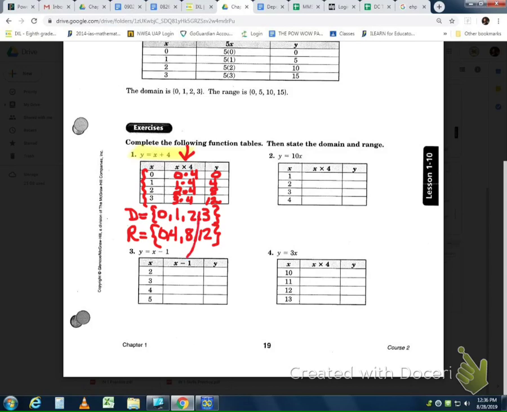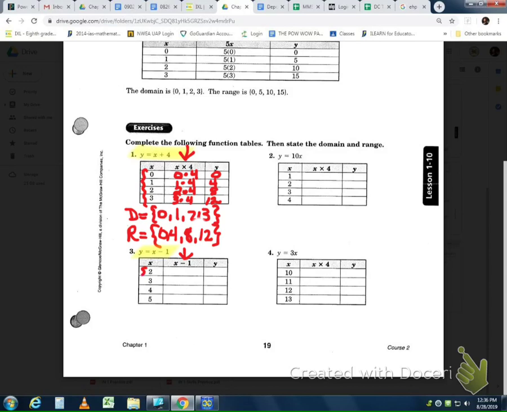All right, we're going to do number 3. It says the function or the rule y equals x minus 1. And that's why they put it right here, x minus 1.